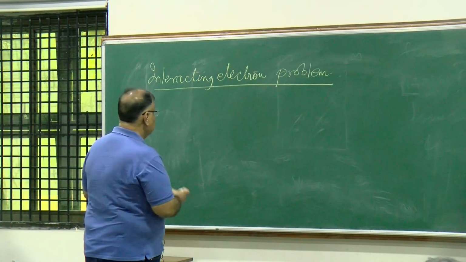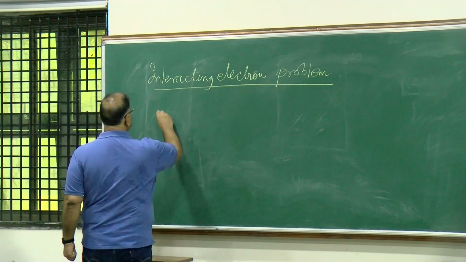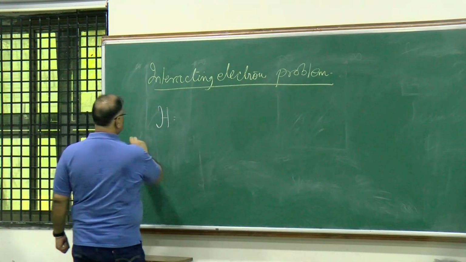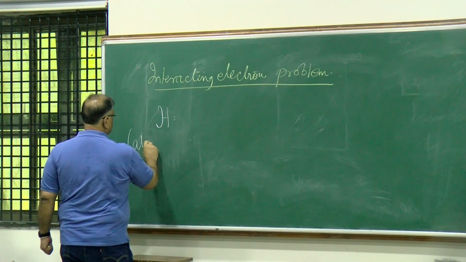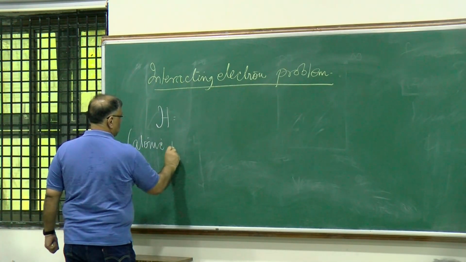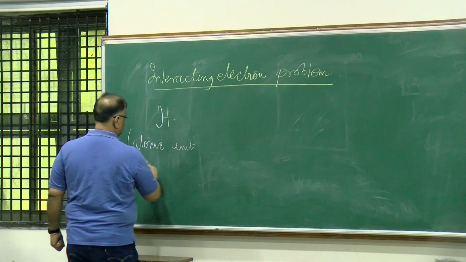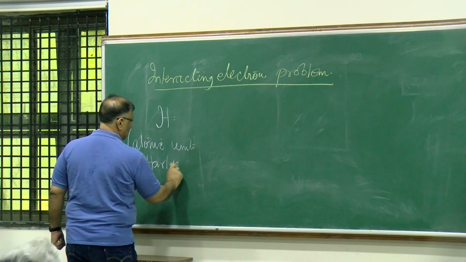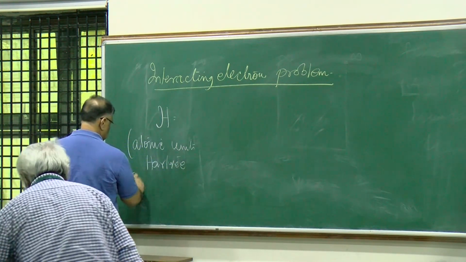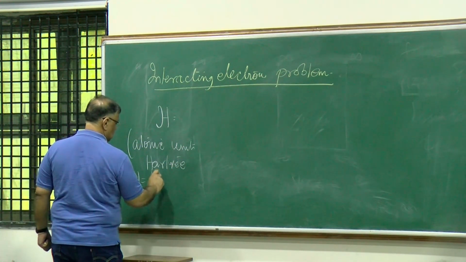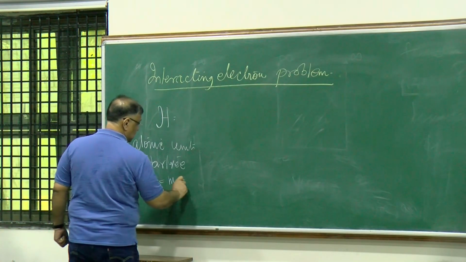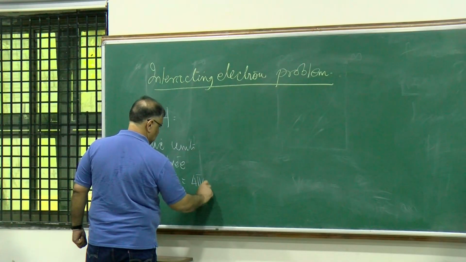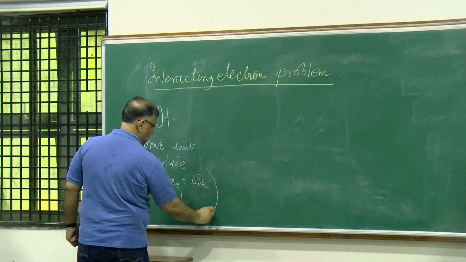Now, if you're solving the interacting electron problem, let's write the Hamiltonian, and I'm going to use atomic units, or Hartree units, in which e equals h-bar equals the mass of the electron equals 4 pi epsilon 0 equals 1.